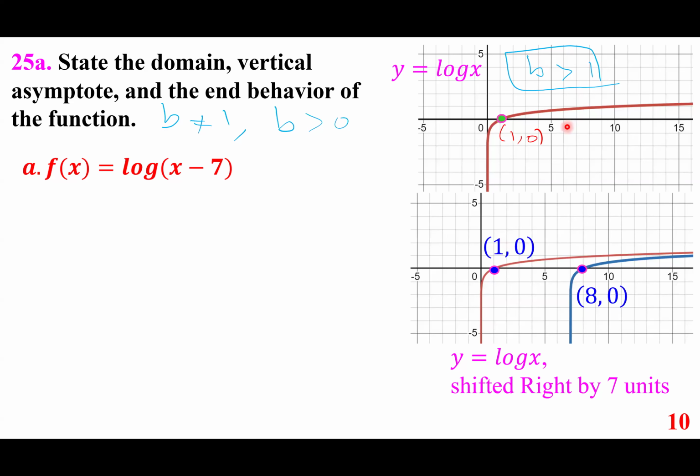Going back to the original one, the vertical asymptote is the y-axis, or x equals 0. The vertical asymptote now moves by 7 units to the right, and so the VA now has the equation x equals 7.